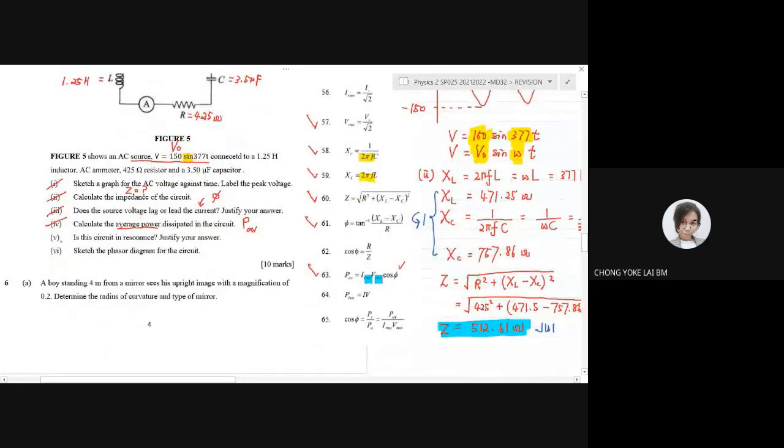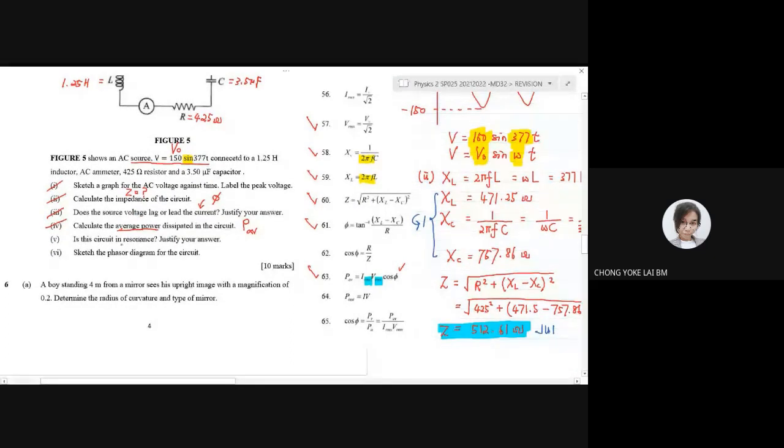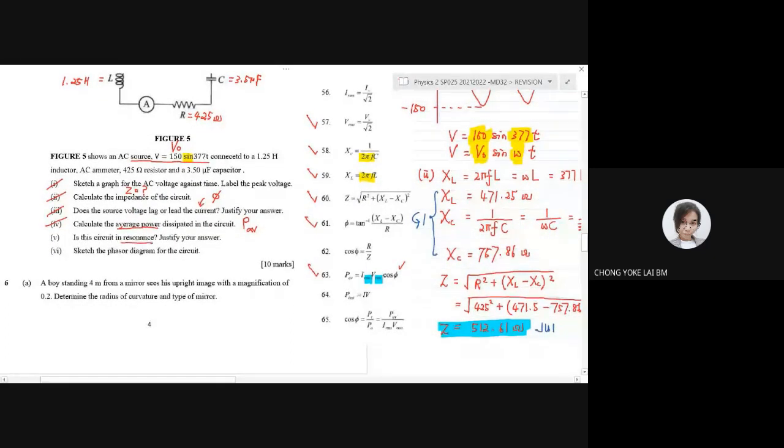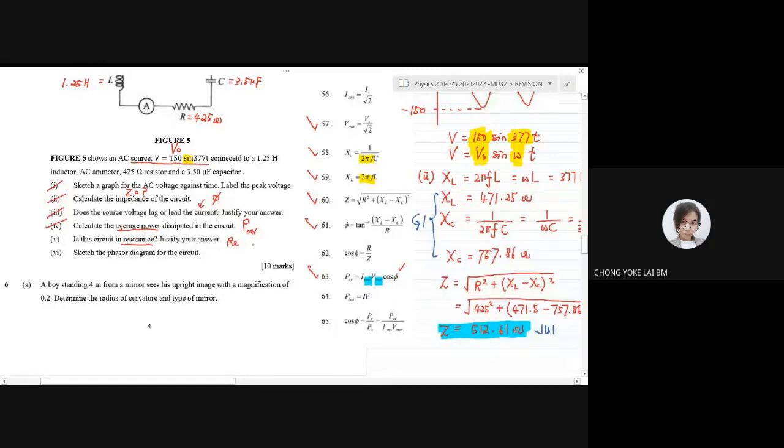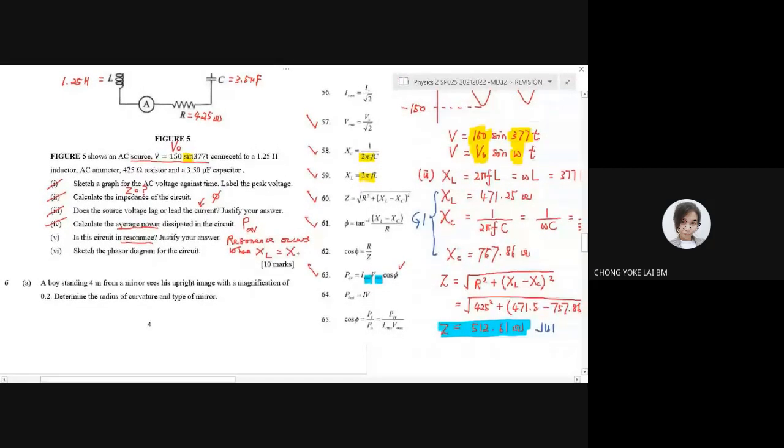Then question 4. Is this circuit in resonance? So the question asks you, adakah circuit ni dalam resonance? Anda kena guna konsep yang anda belajar. Resonance occurs when the value of XL equal to XC.